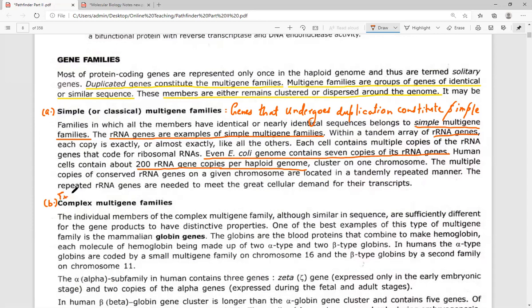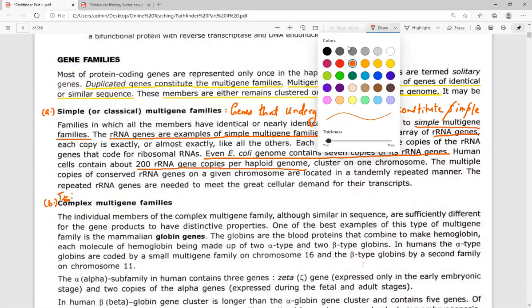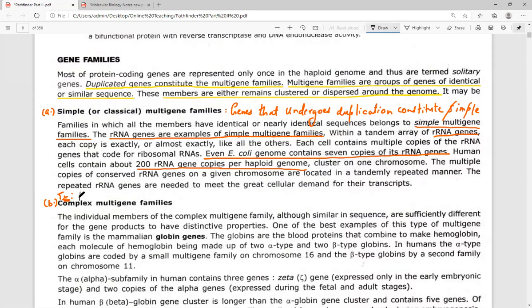For example, when you talk about other multi-gene families, I'm just giving you some very good examples of these multi-gene families. When we talk about histone proteins and interferon proteins, interferons and GPCR are two families of genes.